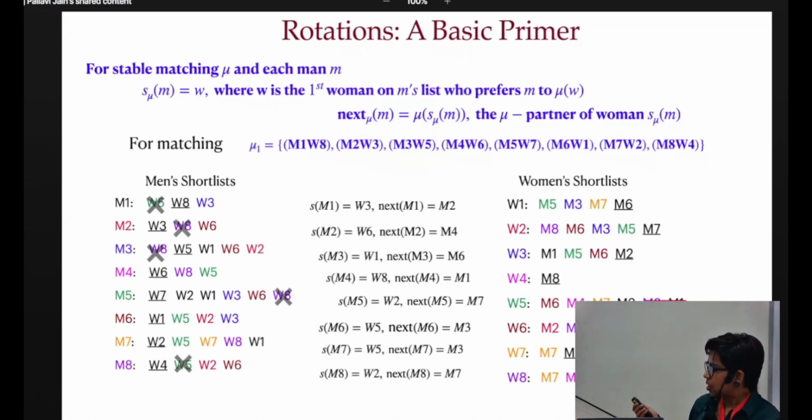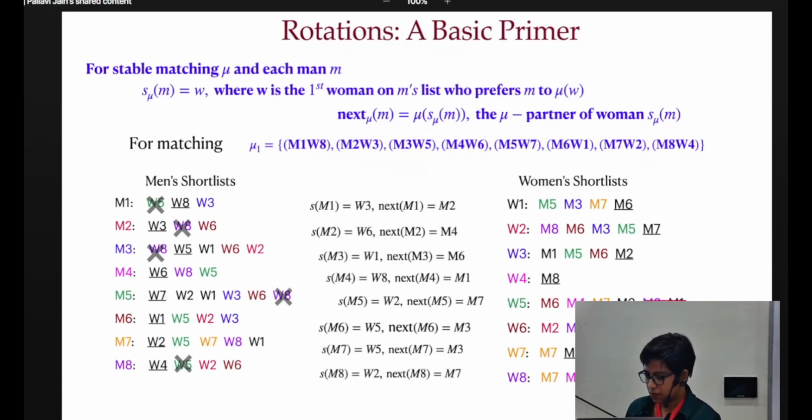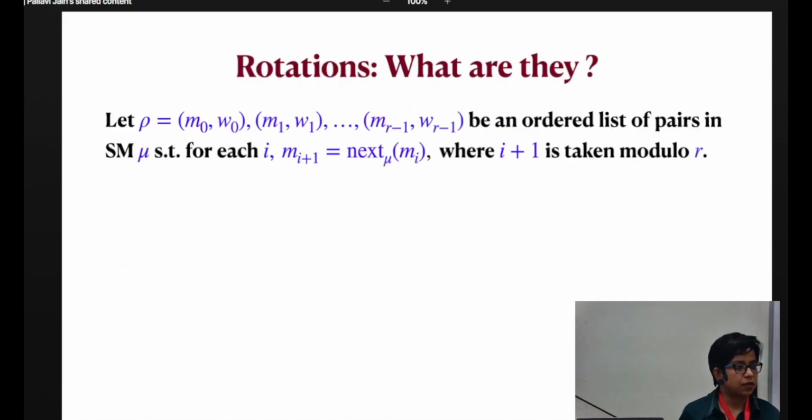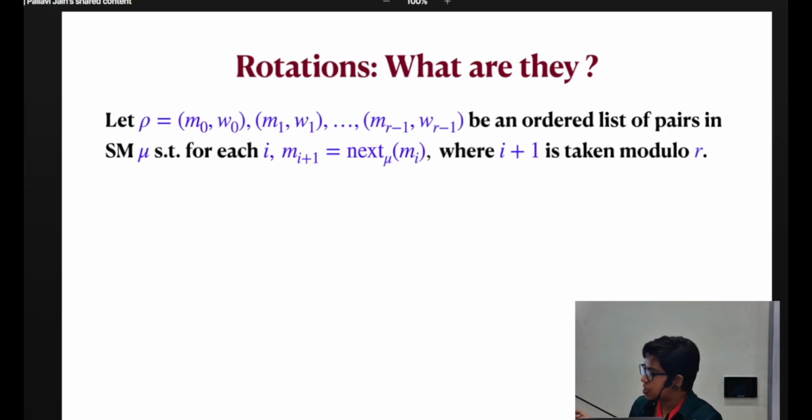So rotations are a subset of the matching pairs where a certain cyclic property holds. So you collect all the successor functions. So M0, if you can read it, M0 and W0 are matched to each other in the current matching. W1 is M0's successor. Therefore, M1 is M0's next.